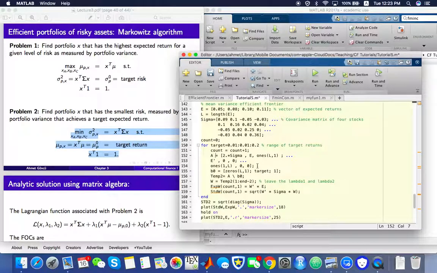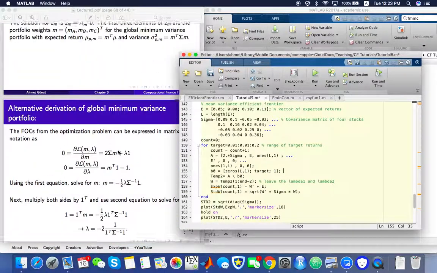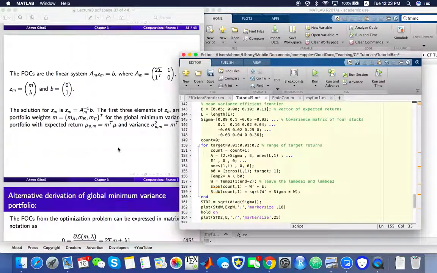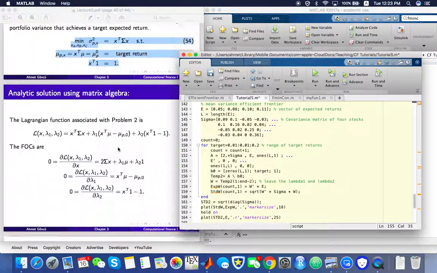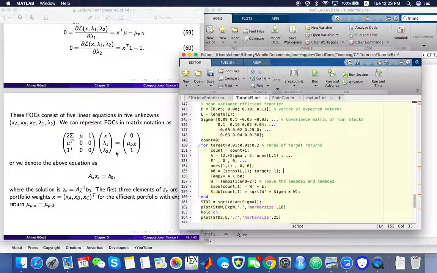And as we remember from our previous demonstration, first you need to define your coefficients matrix A, and then you have the right hand side of the problem, right? Remember from our representation, we have seen that we can represent this as a system of linear equations. You can see on the right hand side we have the column vector of zeros, we have the target return, and we have a scalar which is 1, which is exactly what we have written here.